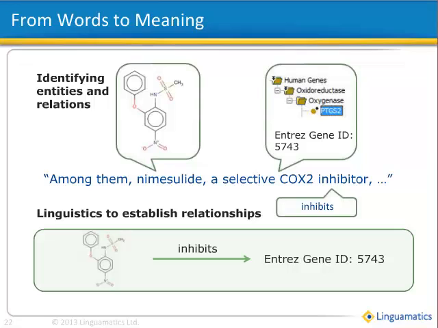So we can take the way it's expressed grammatically and then create a relationship that it's the compound inhibiting the gene versus the gene being in the relationship to the compound. So we use our terminologies and our chemical recognition to assign meaning to the entities. We use our grammatical constructs to work out what item is in relationship to another and what the direction of the relationship is.